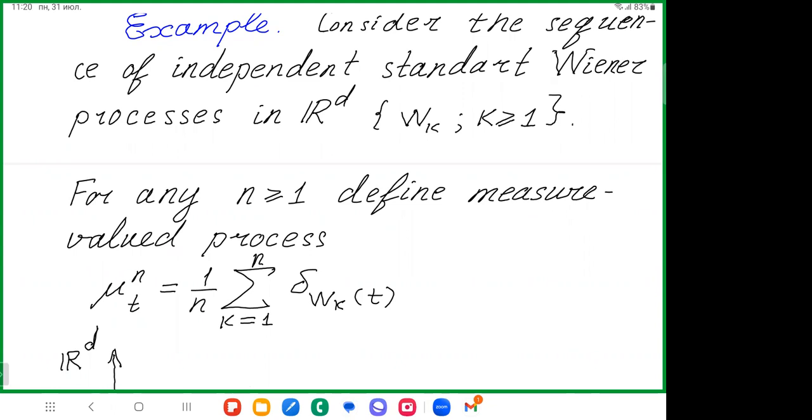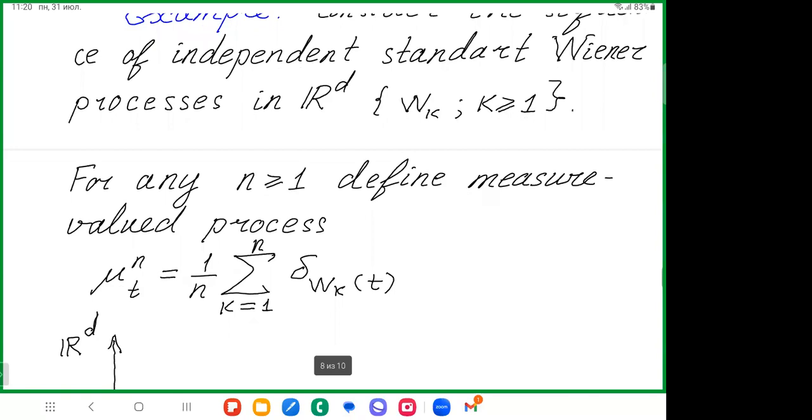Since then, it looks like it must converge to a non-random limit. It's natural. We have a law of large numbers. And we already proved that these measure-valued processes are weakly compact. So to get weak convergence, we have to look only at what happens when T is fixed. Let's do it.